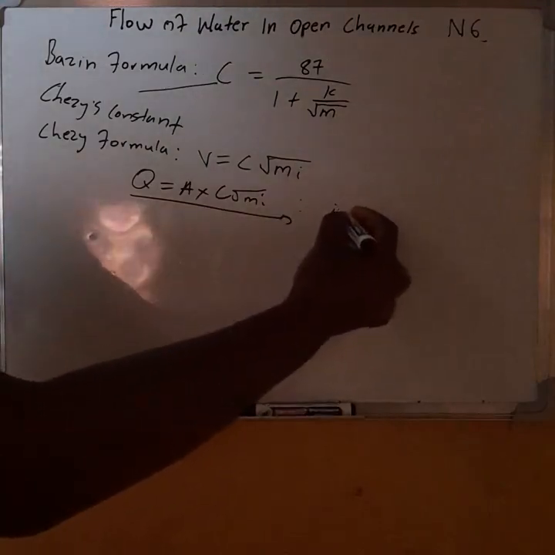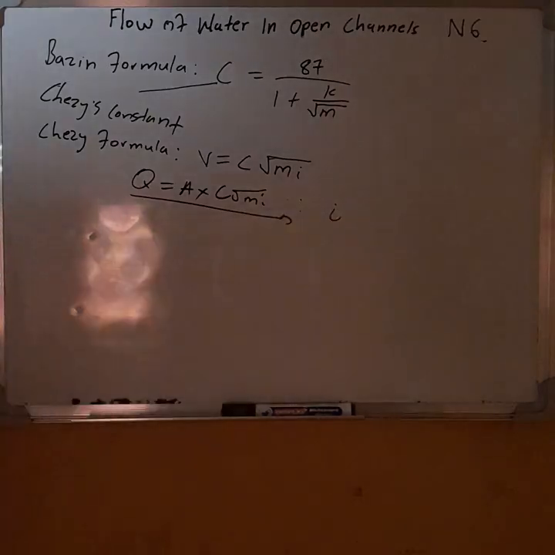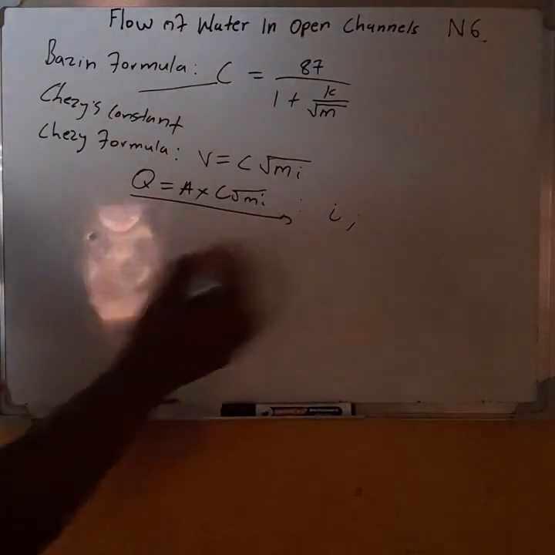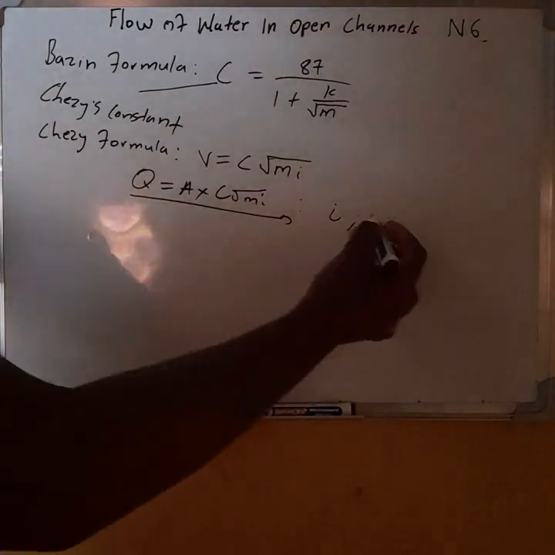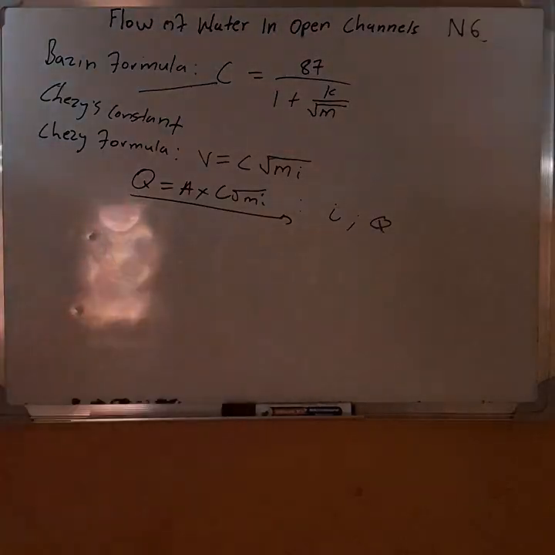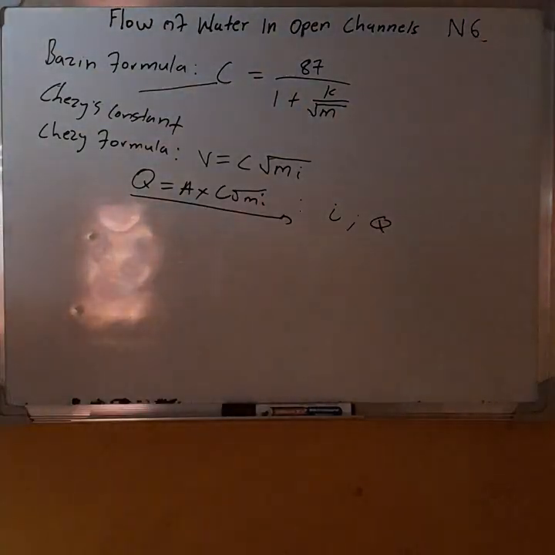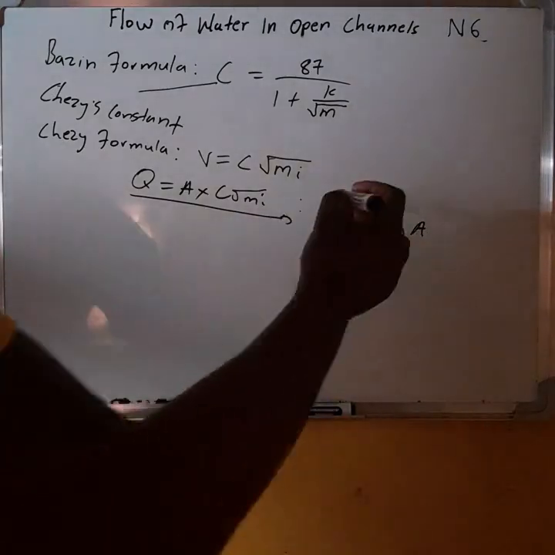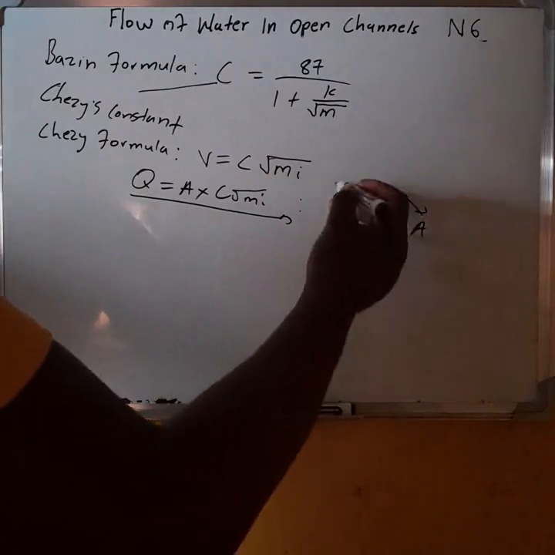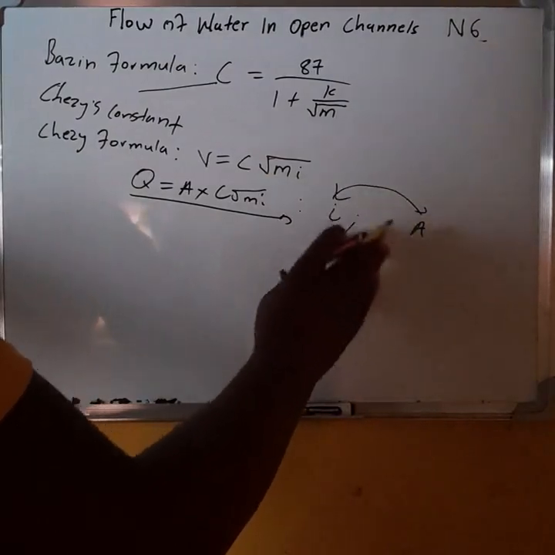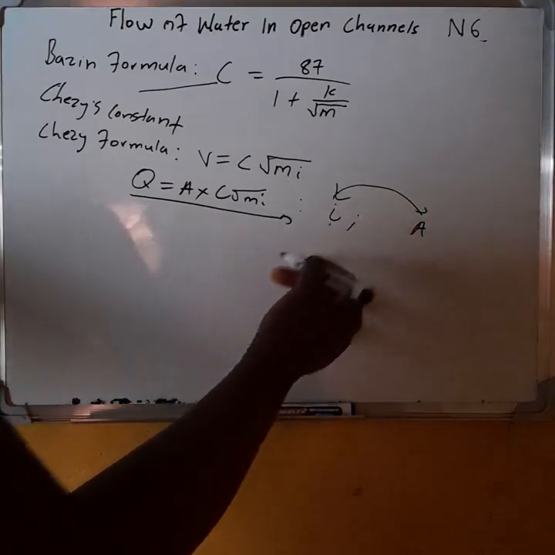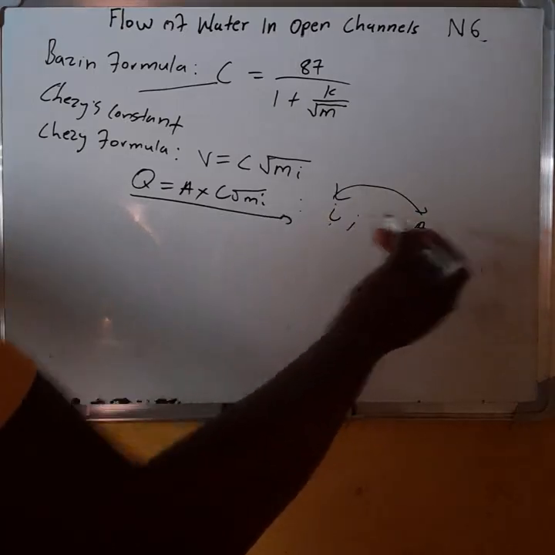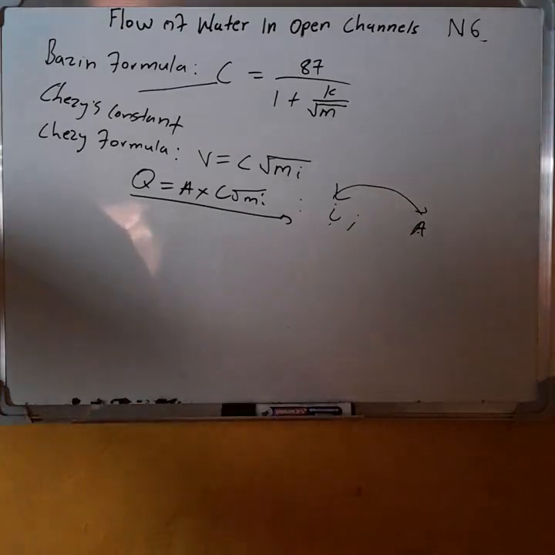Your I is supposed to be constant; you have the same I. Also, the rate of flow Q is constant, and the area is constant. If this is the same and this is the same, then you can apply this formula to calculate the rate of flow.